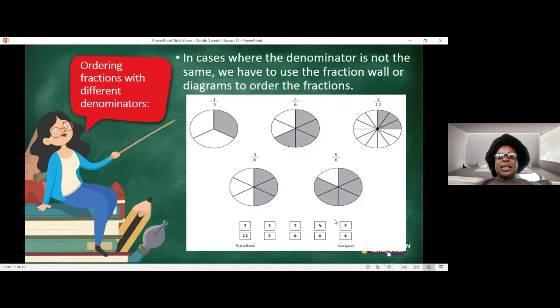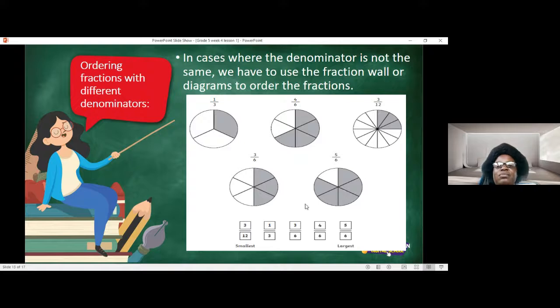And then in cases where the denominator is not the same, we have to use the fraction wall or diagrams to order the fractions. So I chose here to use the diagrams. So we have 1/3, and then we have 4/6, and then we have 3/12, and then we have 3/6, and then we have 5/6.